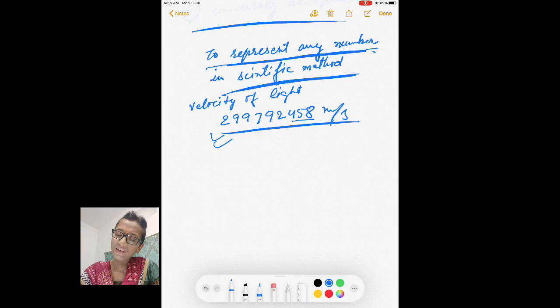So it is in terms of 1,000 million, 299 million, and it is very inconvenient to remember such a large number.